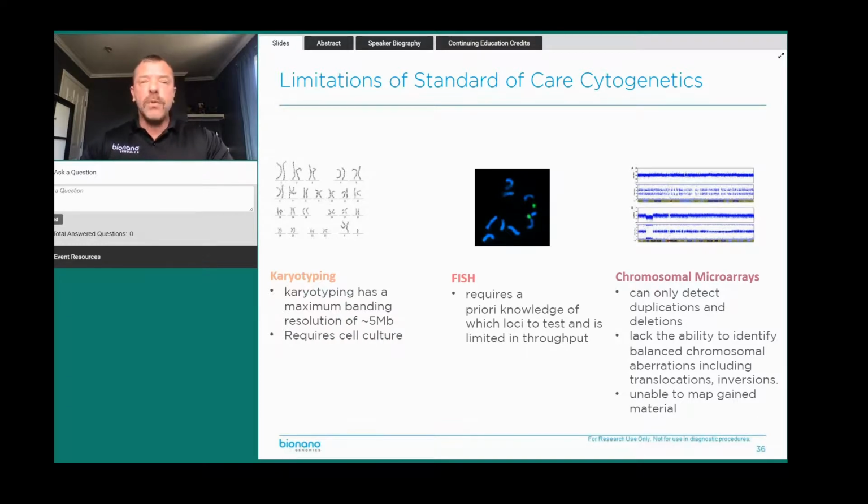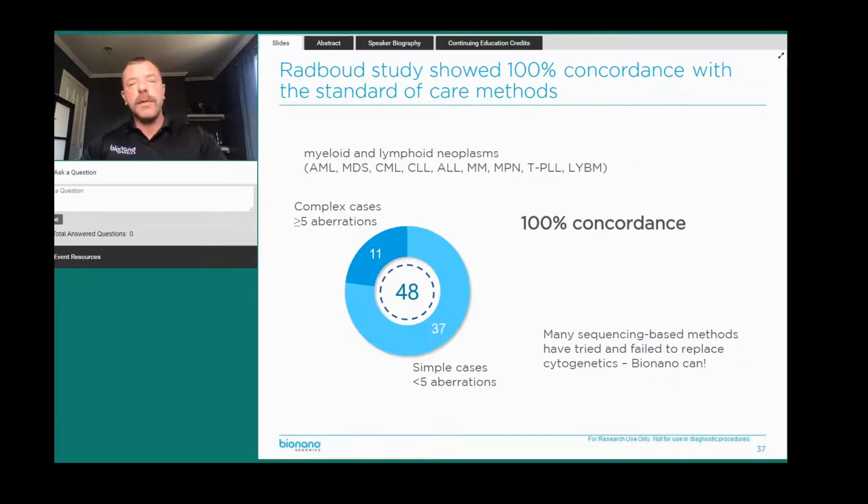There's FISH, which works well, but you only use specific probes to specific genes, so it has a very limited field of view in a sense. And then chromosomal microarray is only capable of detecting duplications and deletions, but cannot find the exact structure and cannot find balanced events.